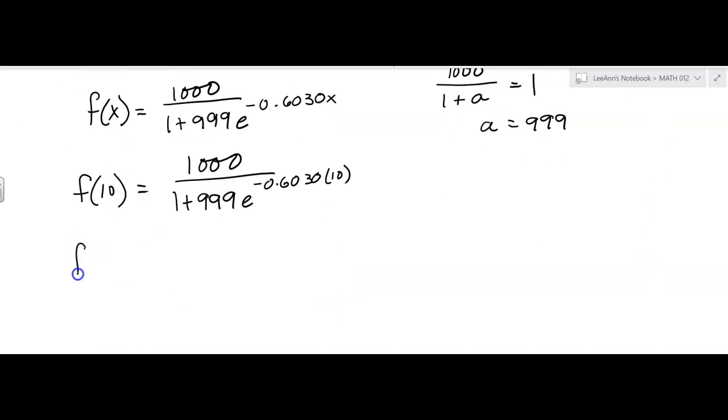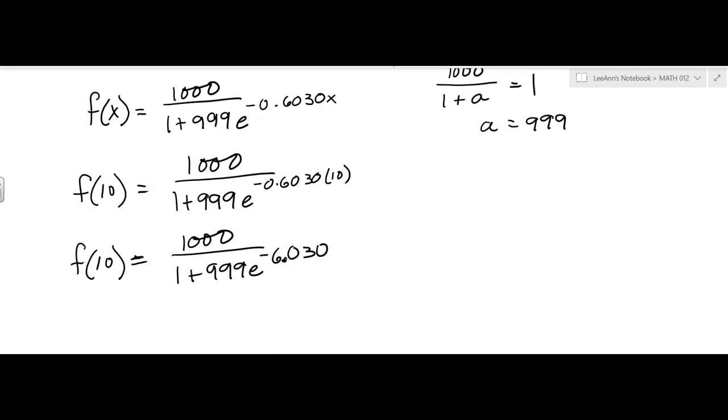I might clean it up just a little bit here, make it a little bit easier to put in the calculator. It's going to be a big calculator thing. So I'm going to go ahead and multiply the exponent. That's going to give me negative 6.030, and that is in the exponent.